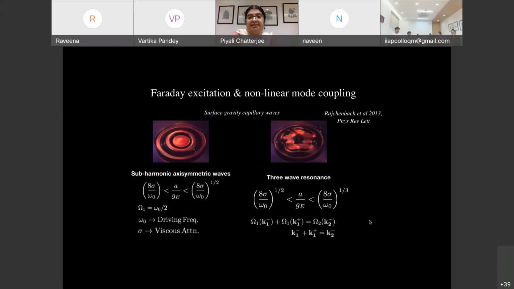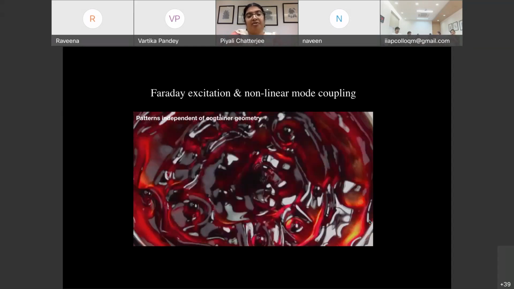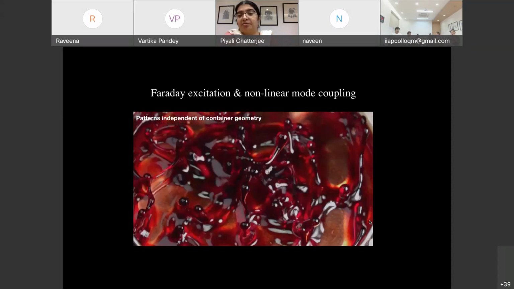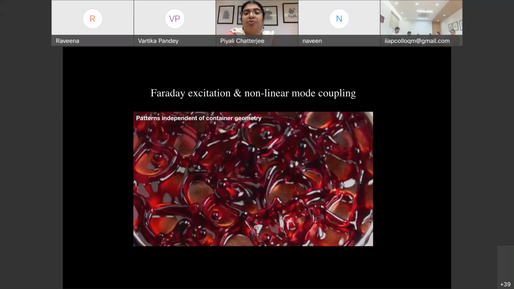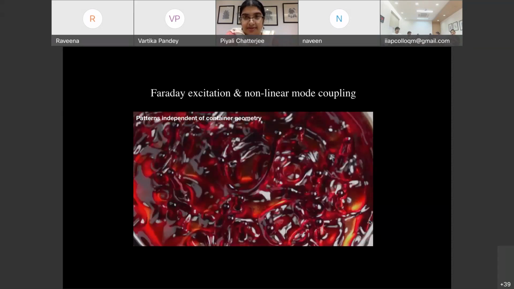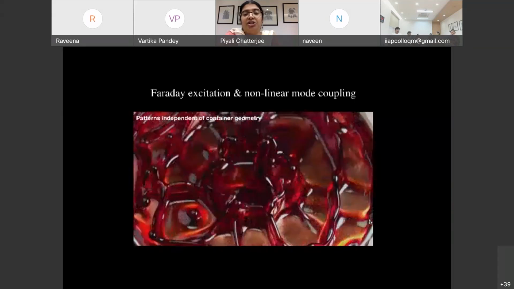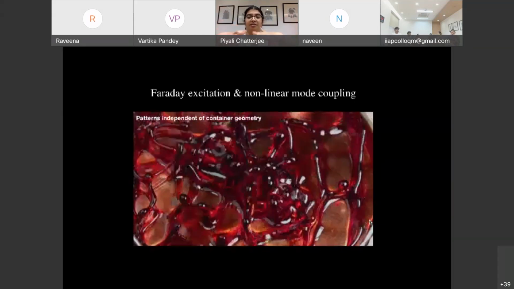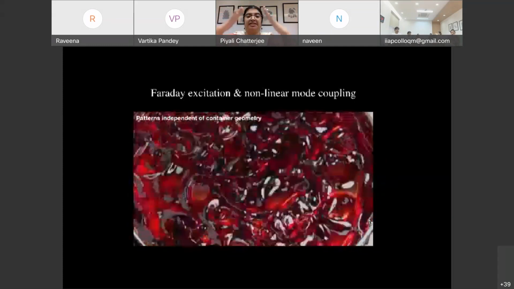Now, we are still in a regime where the amplitude is much less. If I increase the amplitude even more, you get more and more cells in the first place. And not just that, often the walls of these cells will collide, and then you will get these jets.